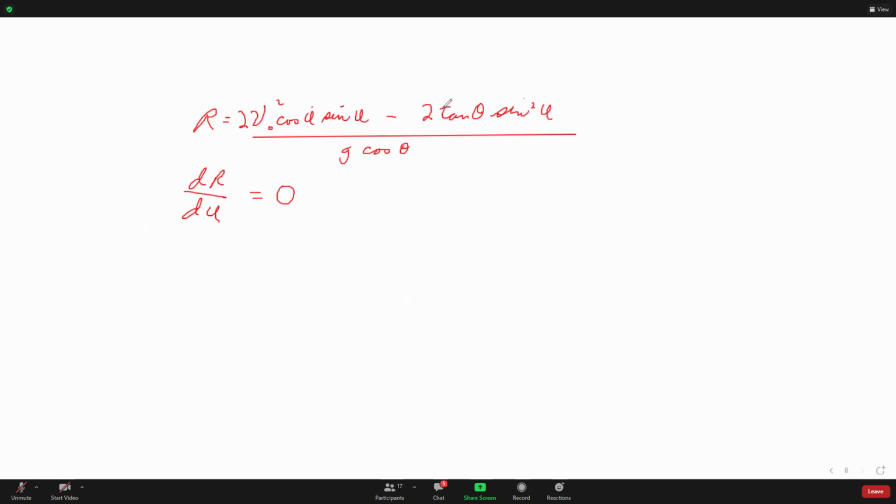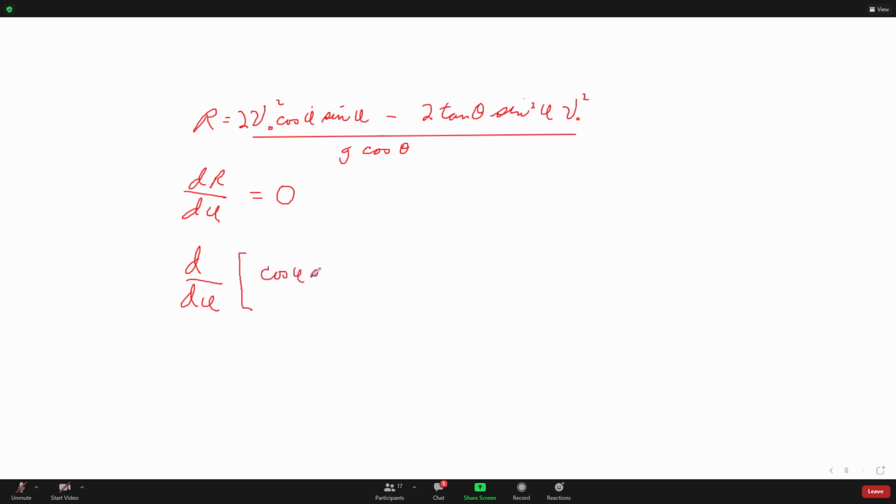Oh, I forgot something here, didn't I? There's a v naught squared here, isn't there? Yes. I just forgot about it. Okay. So the 2 v naught squared and the g cosine theta, those are just constants that are common to both terms. So let's differentiate this function with respect to phi.